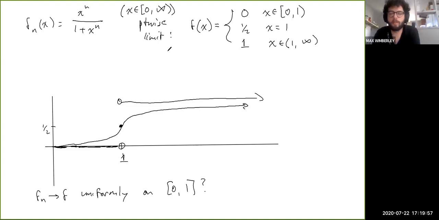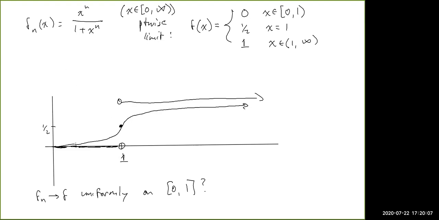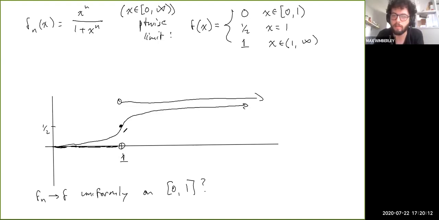Oh, you might be thinking of uniform continuity. In this case, fn actually is uniformly continuous, partly because it's bounded. But we're asking whether it converges uniformly on [0, 1].